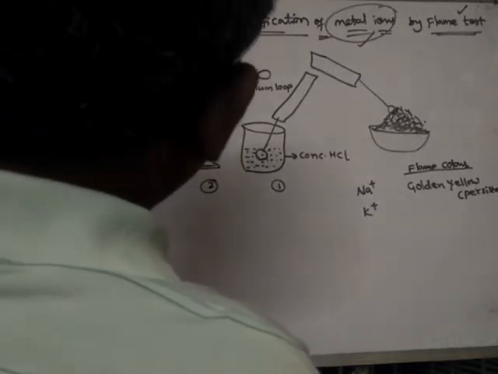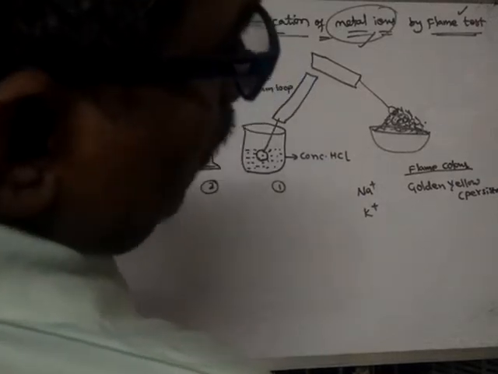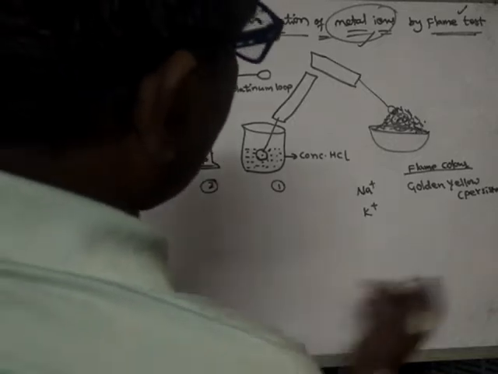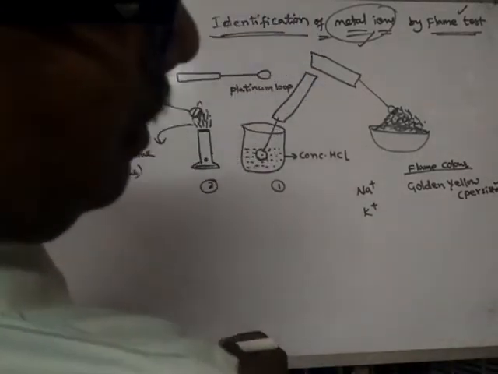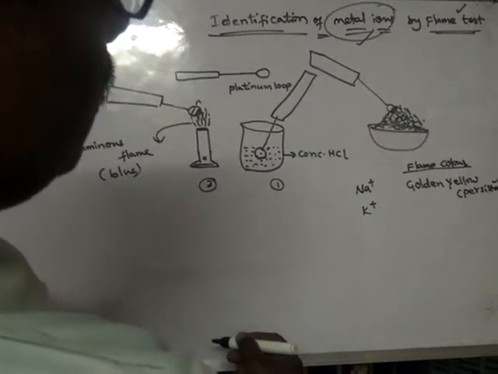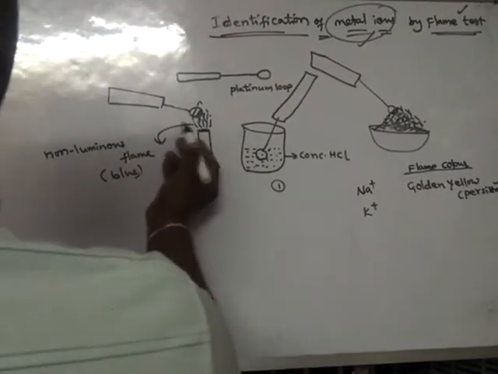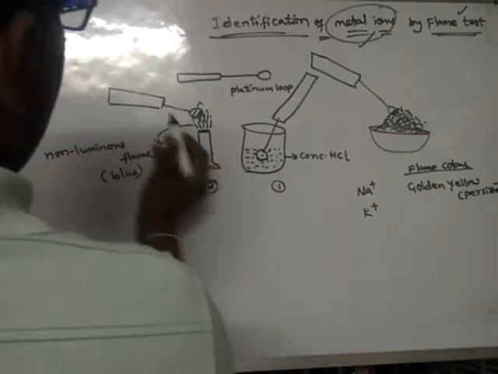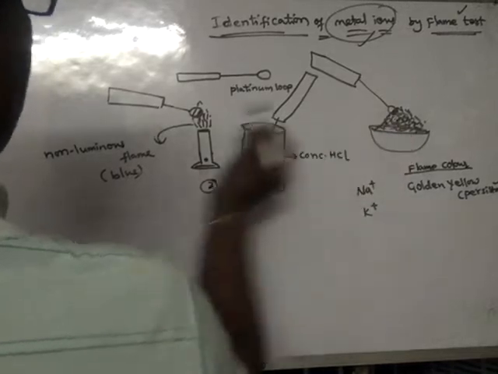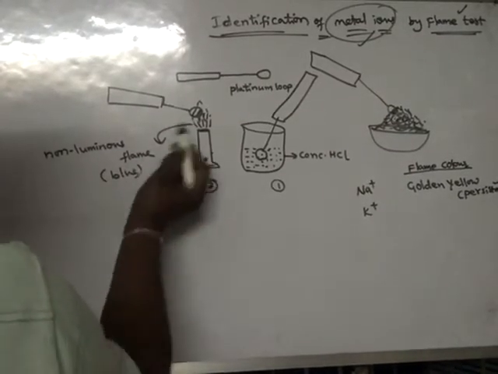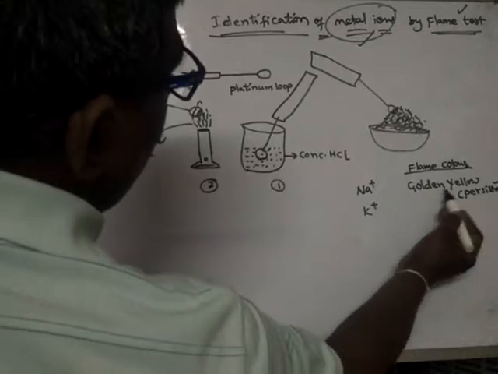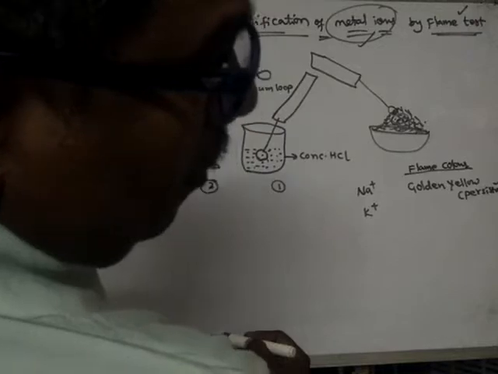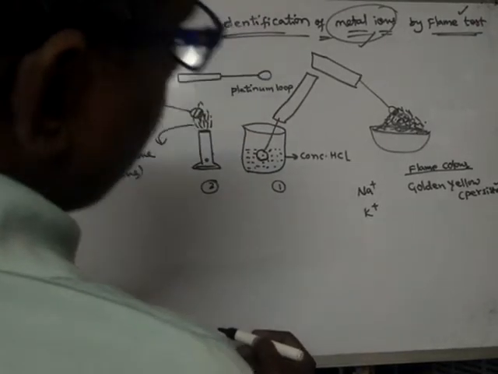The flame will produce golden yellow continuously until all the compound is burnt. Persistent means continuously occurring, without any gap. So a golden yellow flame is produced when sodium ion is present in the compound, a persistent golden yellow color. That means the color does not disappear or change into another color.